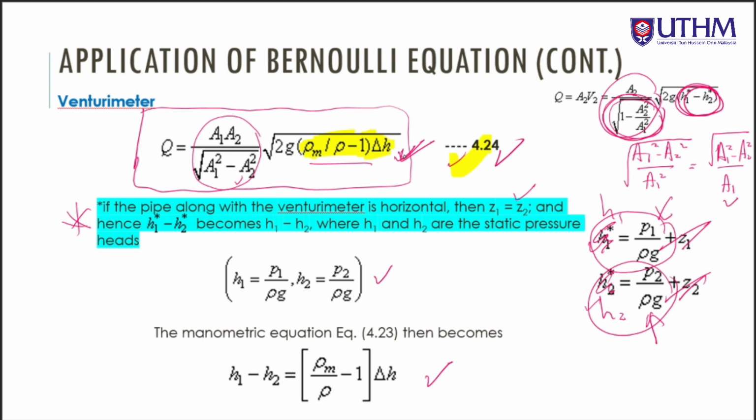Tak kisahlah dia ada angle ke tak ada angle ke, dia horizontal ke dia vertical ke, kita boleh guna this equation. This equation apply to all. Mudah kan? So what you need to do is you need to know this equation je. Yang tadi tu semua lebih kurang derivation sahaja. And in the end, this is the equation that you need to know untuk kira flow rate dalam venturimeter.